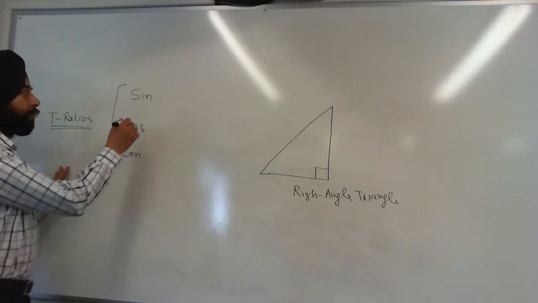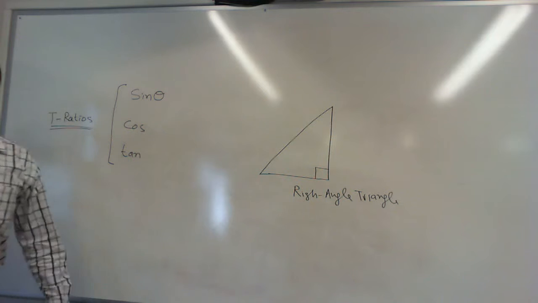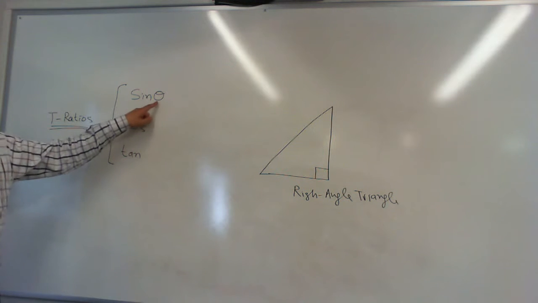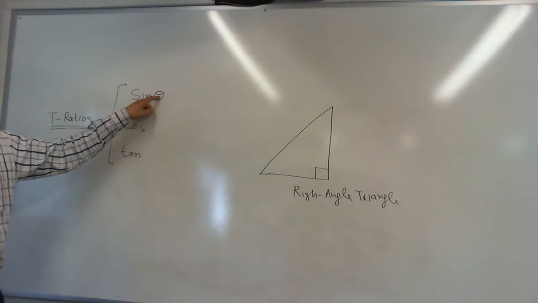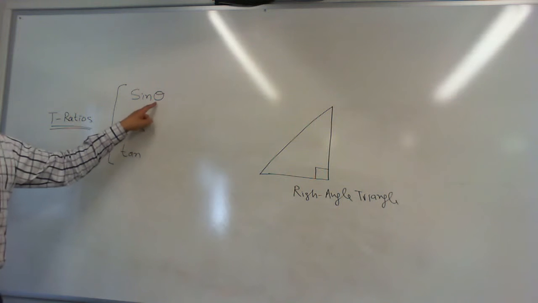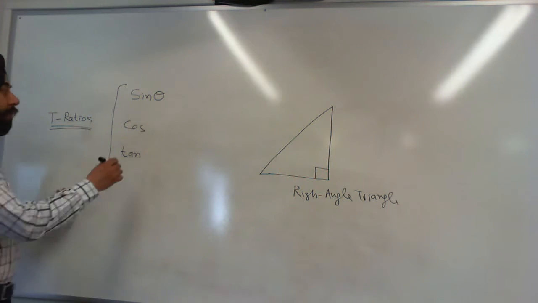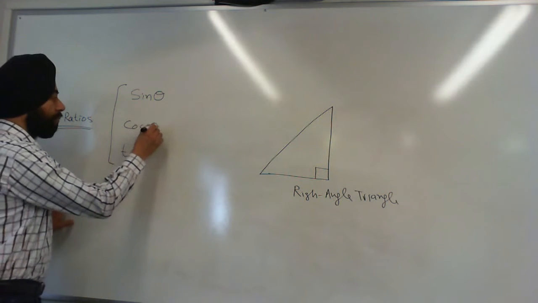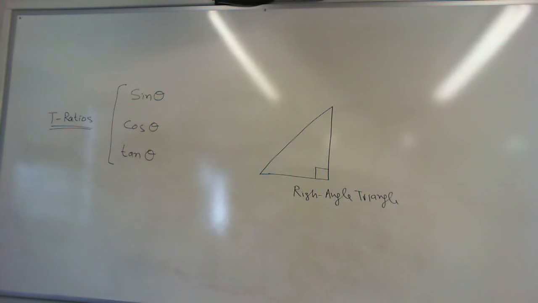It should always be written with an angle theta. You can use different letters, A, B, C, D, whatever for this angle. But whatever is written after sine is always an angle. Sine theta is one t ratio, cos theta is another t ratio, and tan theta is another t ratio. These are three basic t ratios that we study in trigonometry.